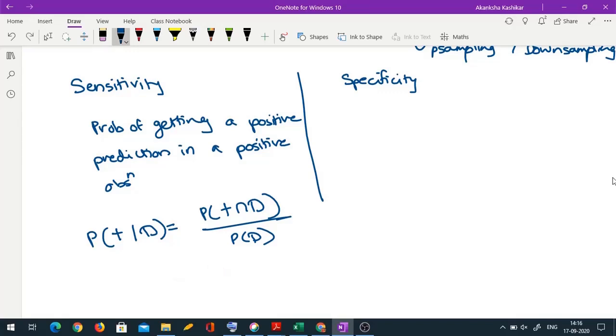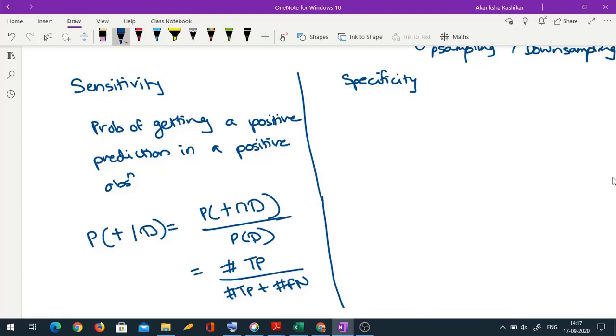If you don't want to write in terms of probability, it would be the number of true positives, because positive having disease means true positives, upon the total number of disease cases, meaning total positives. Total positives means true positives plus false negatives. False negatives means they are actually positive but have been falsely considered negative. So this is the formula for sensitivity: number of true positives upon number of true positives plus number of false negatives, because you need total actual positives in the denominator, the actual people who have the disease.